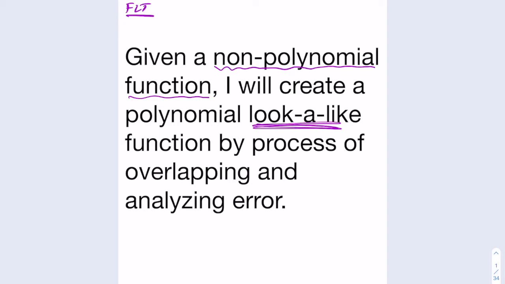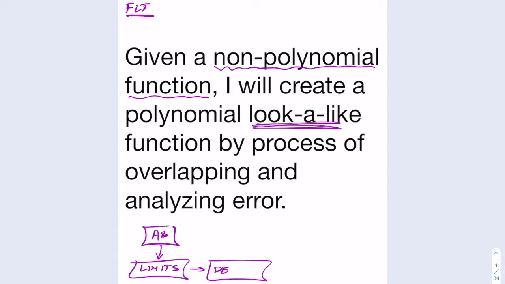Okay, so remember back in Calc AB, so just a quick reminder, Calc AB composed of three big ideas. There was limits, which led to derivatives, which led to the antiderivative we call integrals.